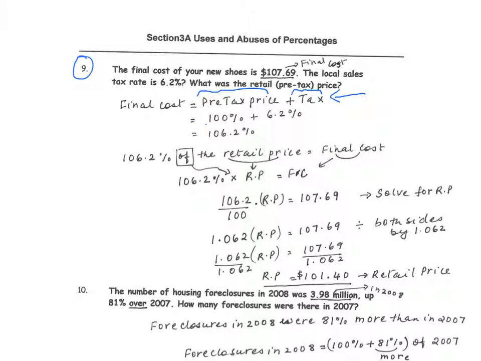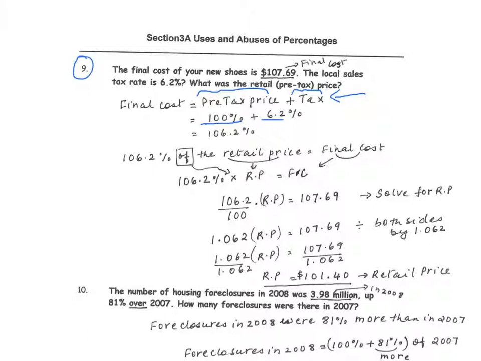So if the pre-tax price is 100%, the tax is calculated on the pre-tax price, and it comes up to 6.2% of the pre-tax price.